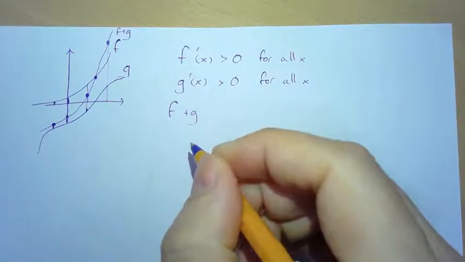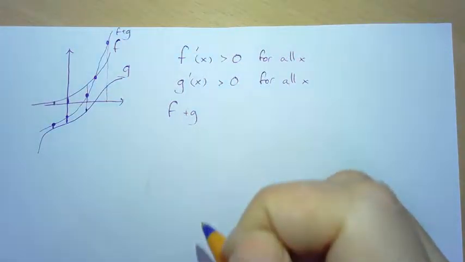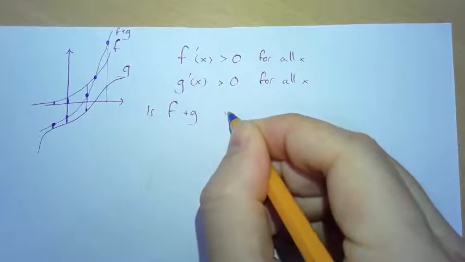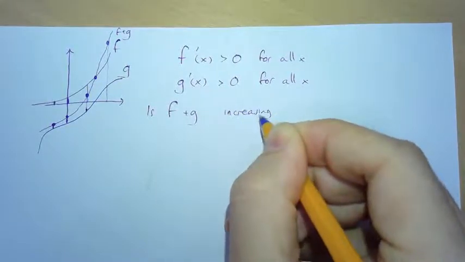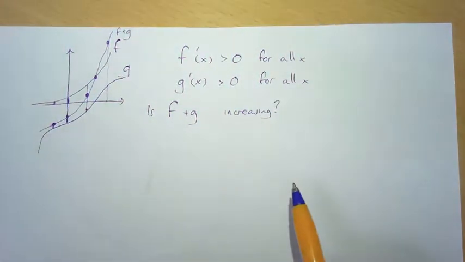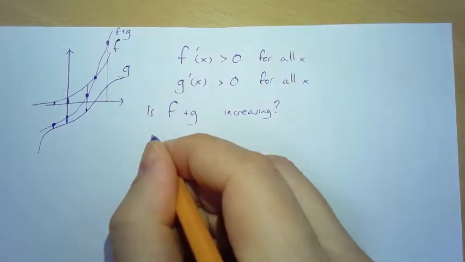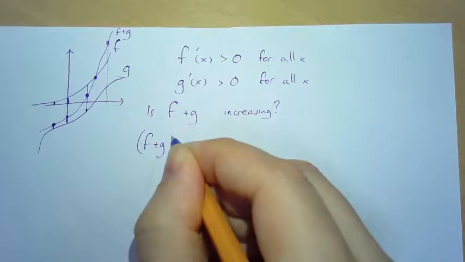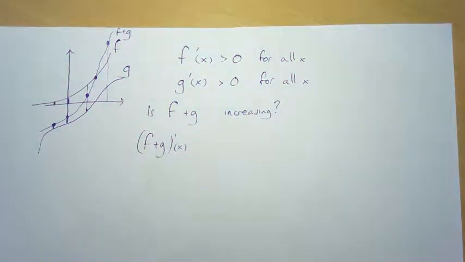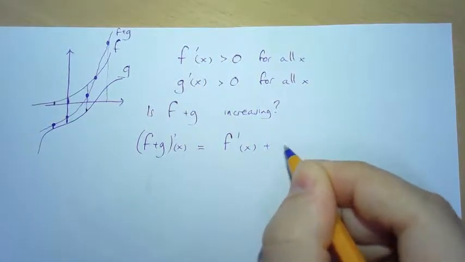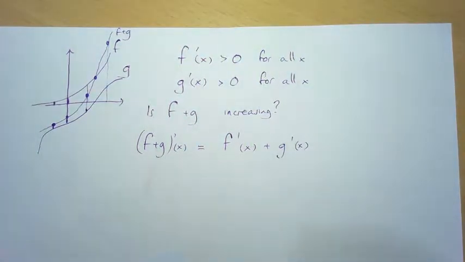Is f plus g increasing? To answer this question, I need to study f prime plus g prime. What I want is to find the derivative of f plus g. And we know that this is just f prime of x plus g prime of x.